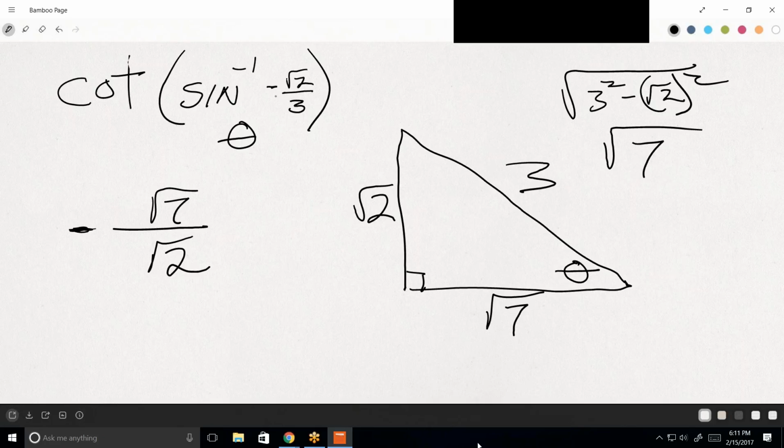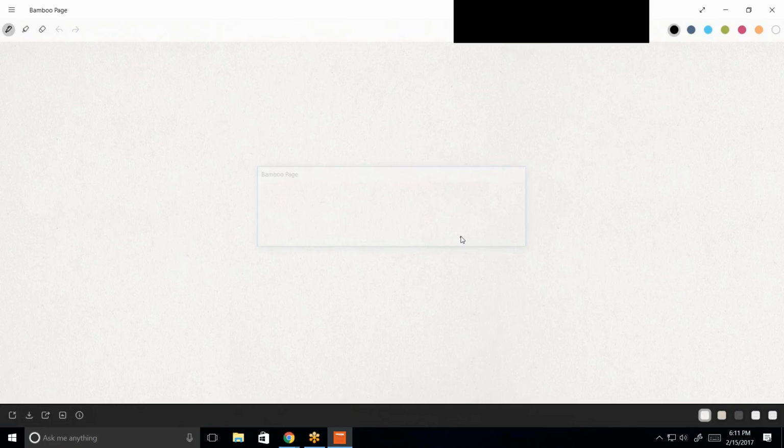If it's a negative number, it's fourth quadrant. It's negative, therefore it's fourth quadrant. And cotangent has to be negative in fourth quadrant. That's why it's negative. And you don't have to worry about rationalizing these. Not at all. What else you got?